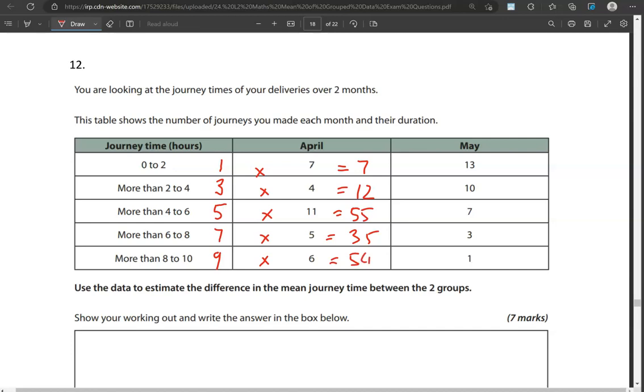Now we'll do 1 again using the same midpoints times 13, which gives us 13. 3 times 10, which gives us 30. 5 times 7, which gives us 35. 7 times 3, which gives us 21. 9 times 1, which gives us 9.